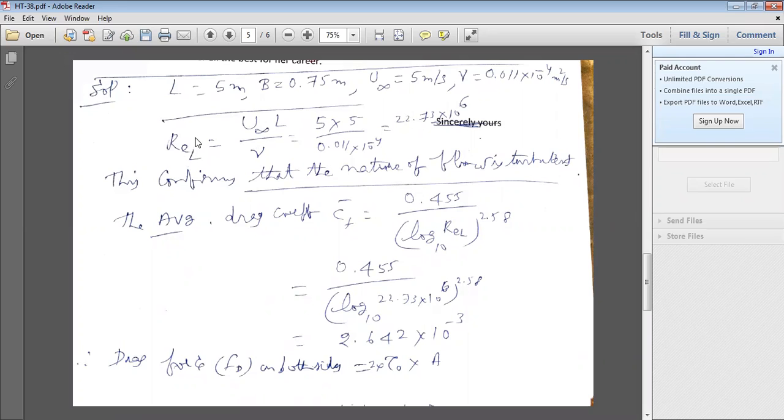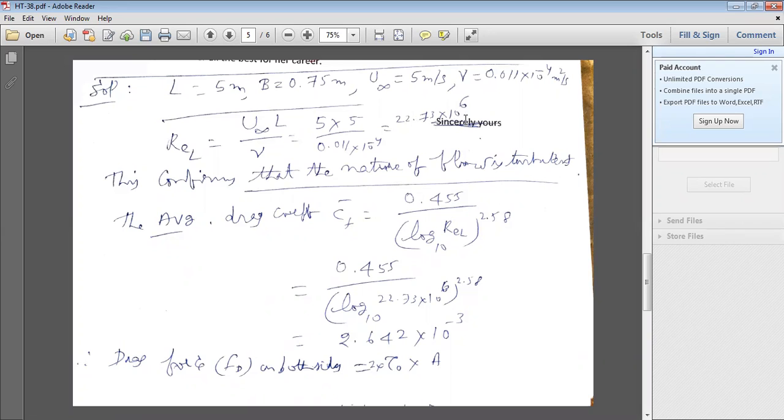REL or REX, here X is equal to L is equal to 5 meters. So REL is equal to velocity into L divided by kinematic viscosity, that is 5 into 5 divided by 0.011 into 10 power minus 4. Then you can calculate REL as 22.73 into 10 power 6.